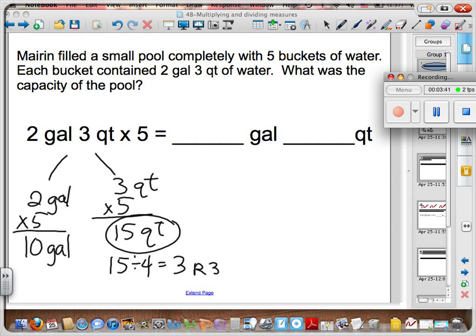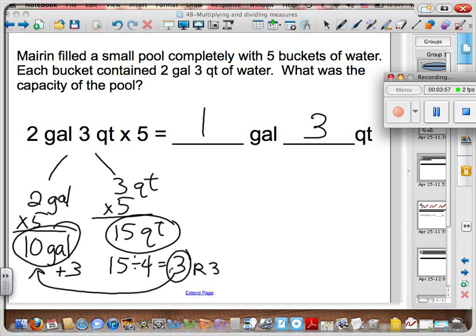So I can make 3 more gallons with the quarts that I had, and I will have 3 quarts left over. We got 10 gallons, and I'm going to add the 3 that I made, and that will give me 13 gallons and 3 quarts.